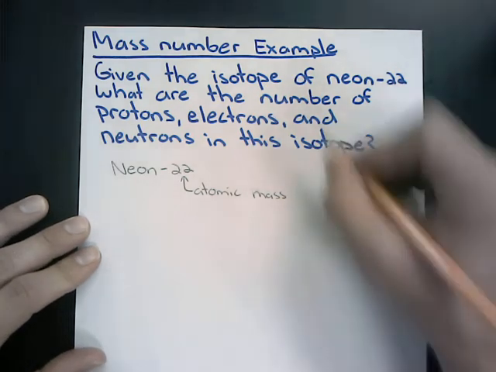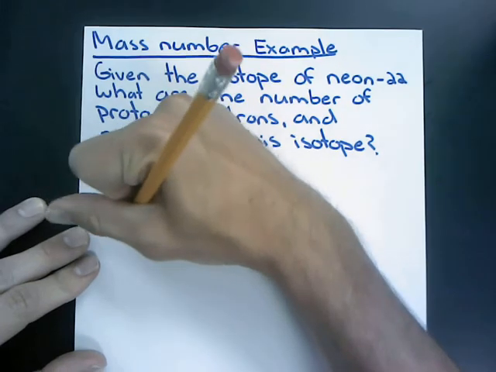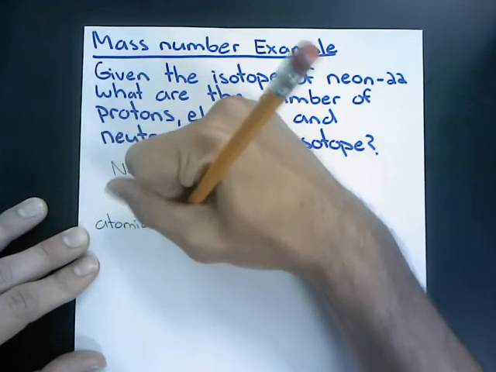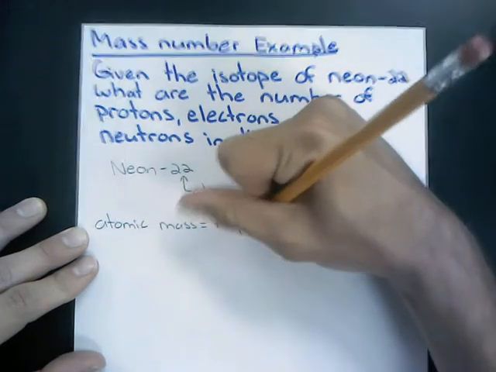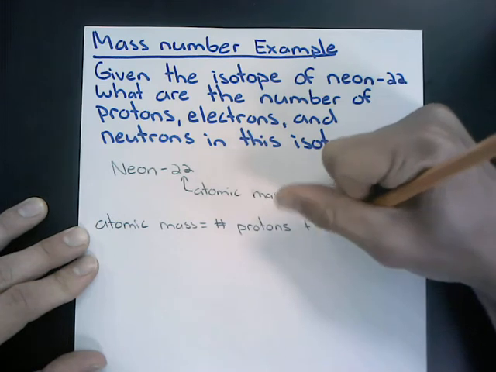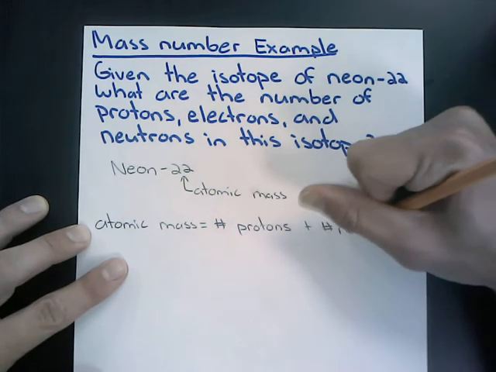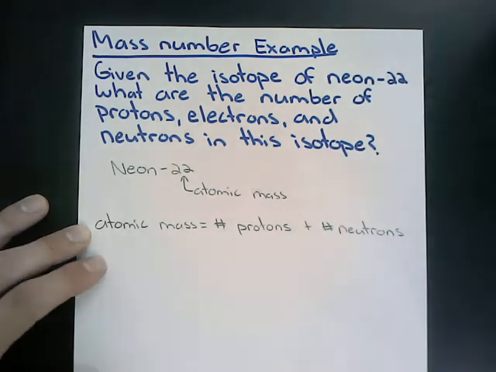The formula that we use for this is: the atomic mass is equal to the number of protons plus the number of neutrons. We're just going to plug some numbers in.